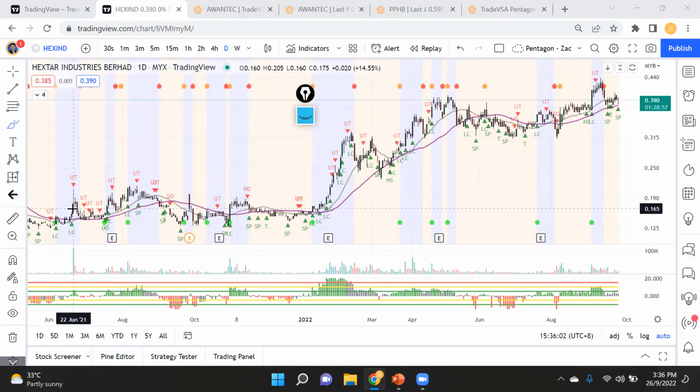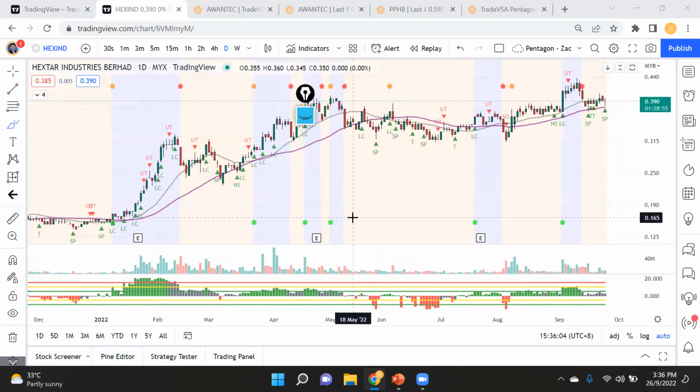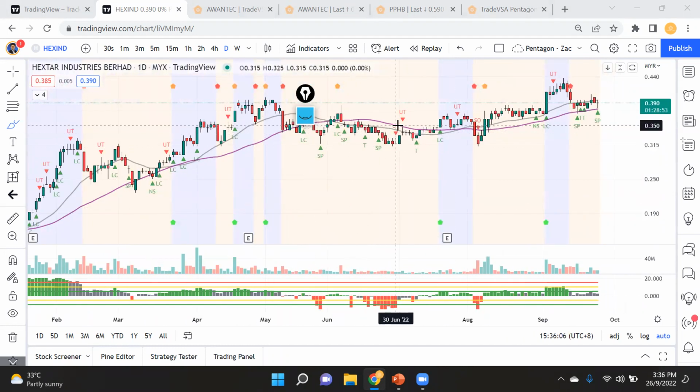Immediately you know this is a weakness UT. But if during range, like this range, is what we call the hidden UT, the small UT. Here it's a small UT because the candle is small, the volume is pretty low. So you can try to apply OTUT in this area.